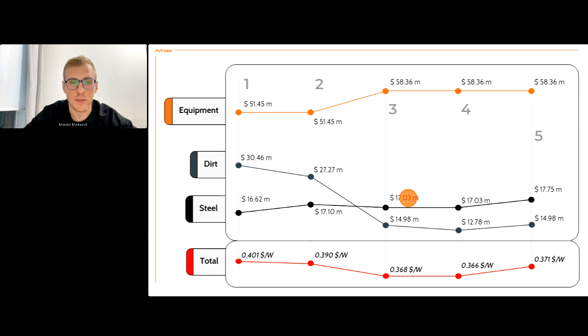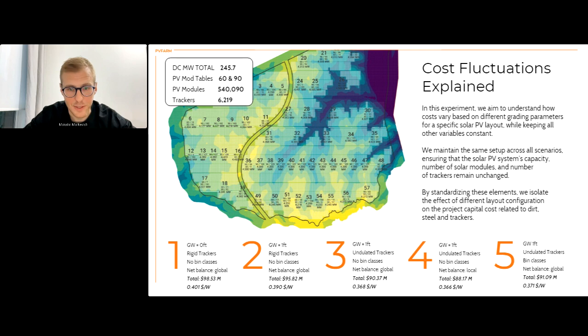It was 7.1, 7.03, but the dirt went down by a lot. But we shouldn't forget that equipment also became more expensive because terrain following trackers are more expensive, but on overall balance, it still gave us a good $0.368 per watt.